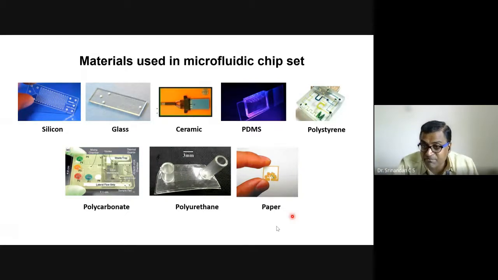Even on paper you can make it, a small paper, but everything should be sterile, in the sense no other organism, and you will have to work in a biosafety chamber. More popular among these is PDMS, which is also a kind of silicon material. It's very cheap and robust, so people use that, and they use other kinds of materials also.